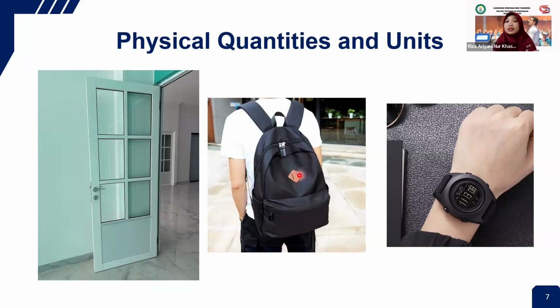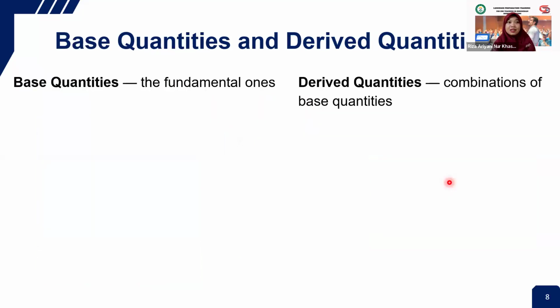For example, 2 kilograms. And this watch. Yeah, you can measure the time. For example, how long you stay here, and you say 2 hours or 20 minutes, and so on. All right, you already know about physical quantities and units.